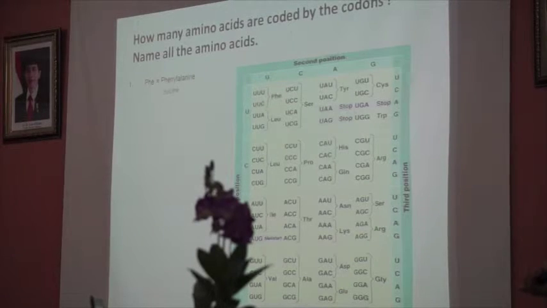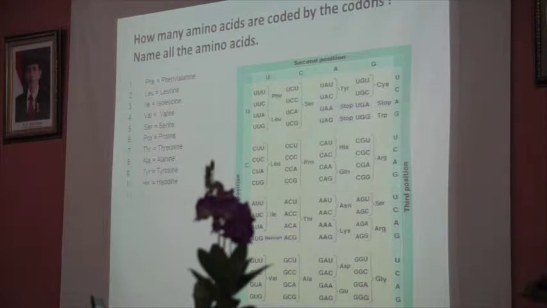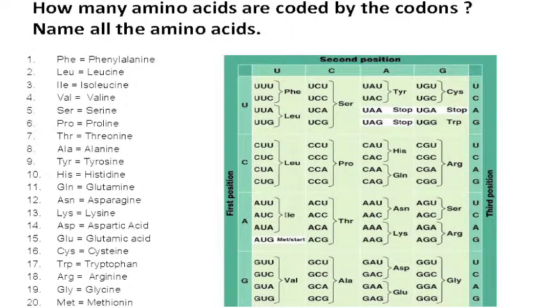This is the codon table. Actually, we have 20 amino acids, and for each specific amino acid there is a specific codon. Even so, it is not one amino acid, one codon. Sometimes one amino acid is encoded by more than 2 codons.